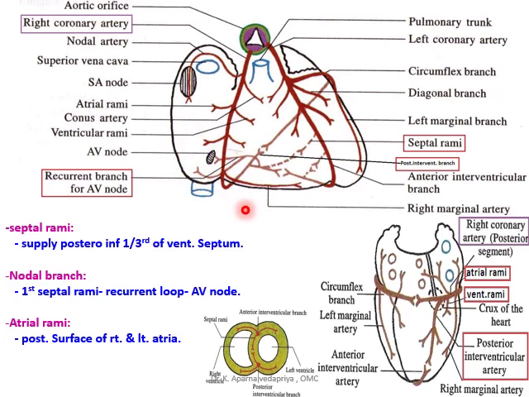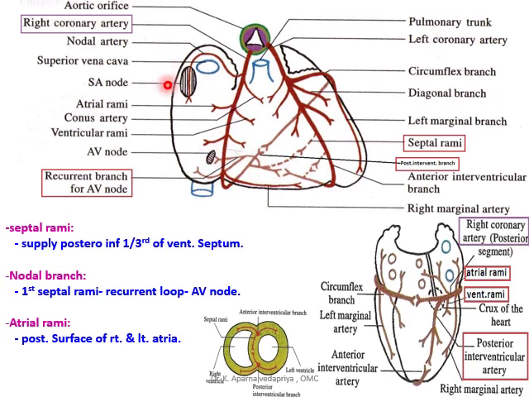If you remember, it is bound by the tendon of Todaro, the atrioventricular orifice of the right side, and the coronary sinus orifice. So that forms the triangle of Koch, which lodges the AV node and is supplied by the nodal branch, which arises from the posterior interventricular artery and takes a recurrent course for its supply.